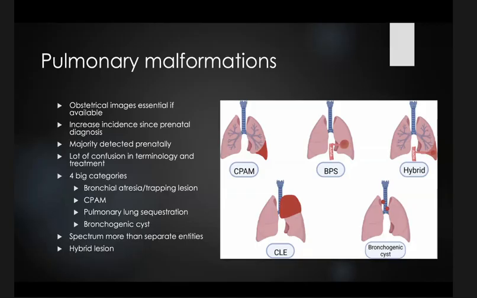There are 4 big categories: the bronchial atresia and air trapping, which was known as congenital lung emphysema before; you have the CPAM; you have the pulmonary sequestration; you have bronchogenic cysts; and you can have a hybrid of usually CPAM and sequestration. So it's a spectrum more than separate entities, and hybrid lesions are super frequent.